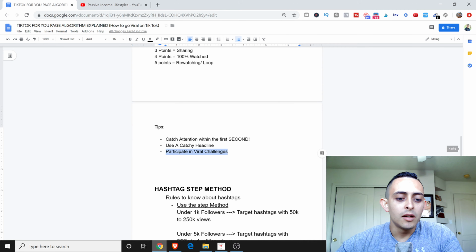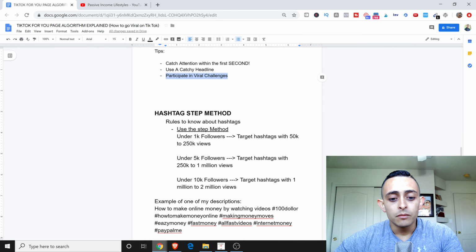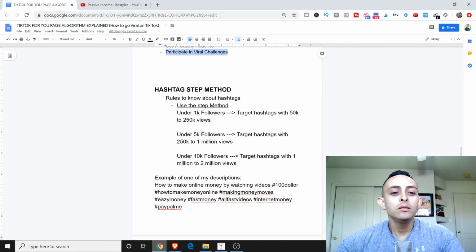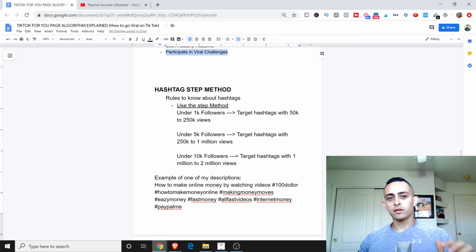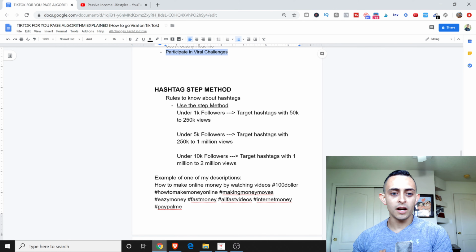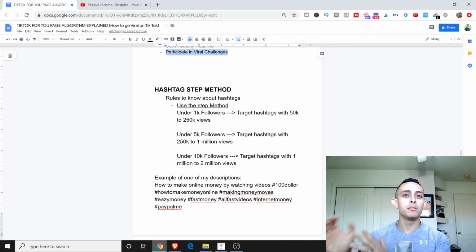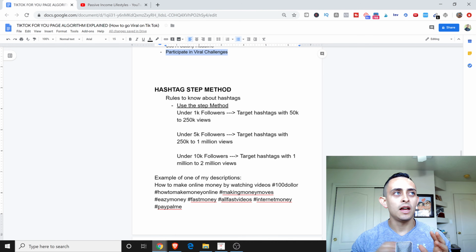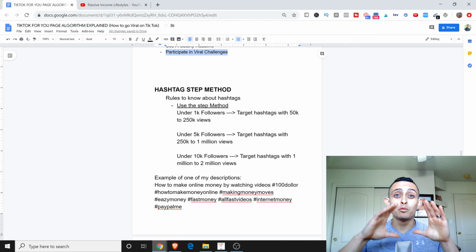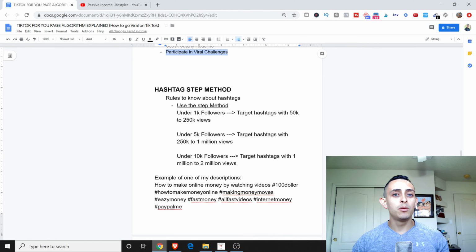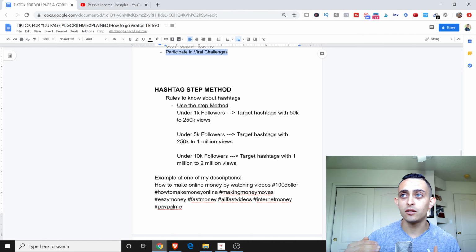Now, this is going to be very important as well, and this will help you go viral. It's using hashtags, okay? A lot of people don't know how to use hashtags correctly, and this is called the hashtag step method. Most people try to pick the hashtags which are going to just blow them away, meaning hashtag love, hashtag TikTok, hashtag YouTube, those really big hashtags, and if you do rank for any of those hashtags, you're going to blow up.